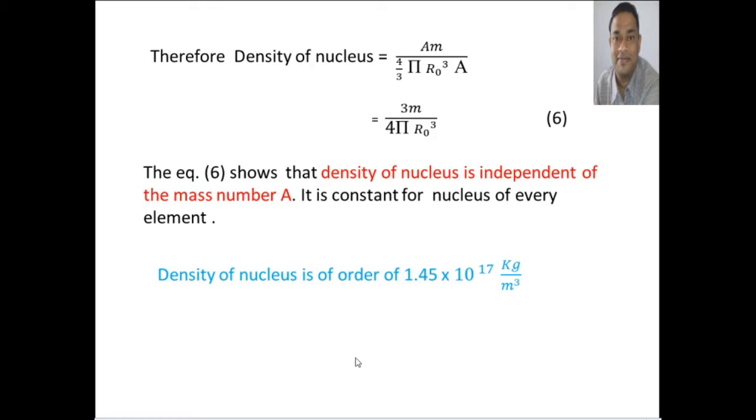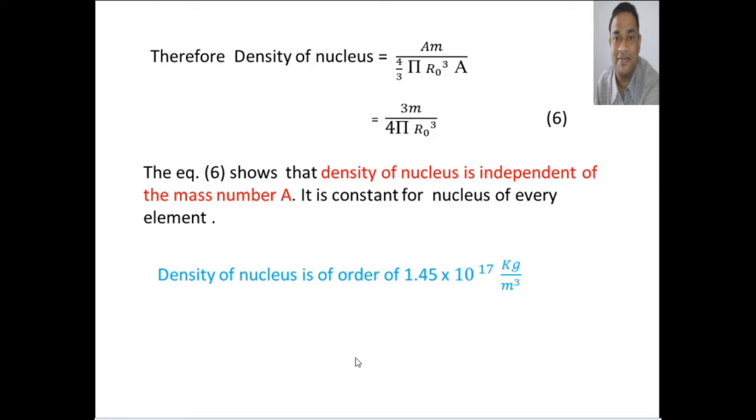Every quantity on the right-hand side is a constant. So we can conclude that the density of a nucleus is always constant. It remains the same for the nucleus of every element, and density is independent of the mass number A.